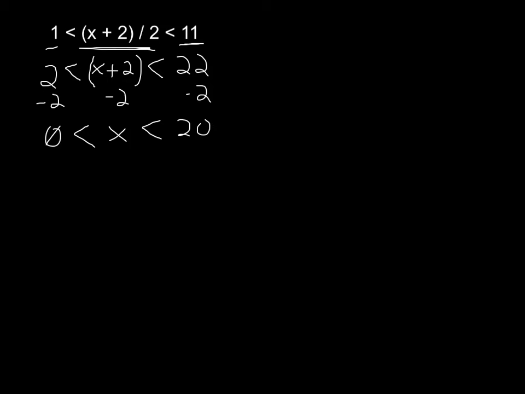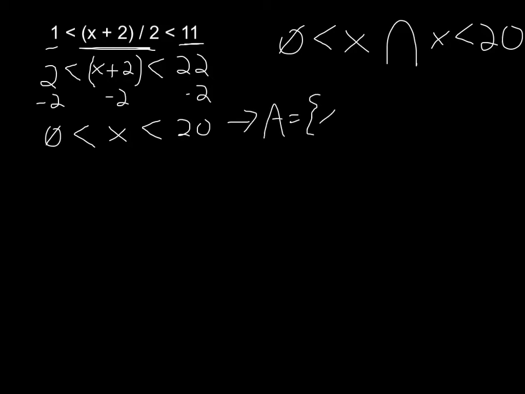We can definitely find values for x that solve this equation. So let's put it right in intersection notation. We know that x is greater than 0 and x is less than 20. We also know that we can take our compound inequality and put it right in set notation.